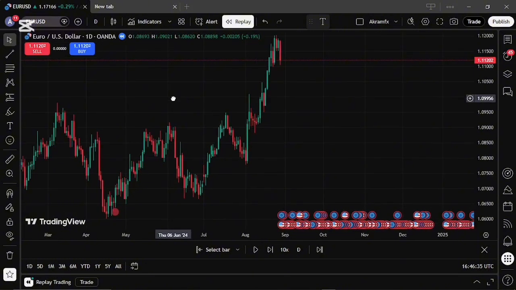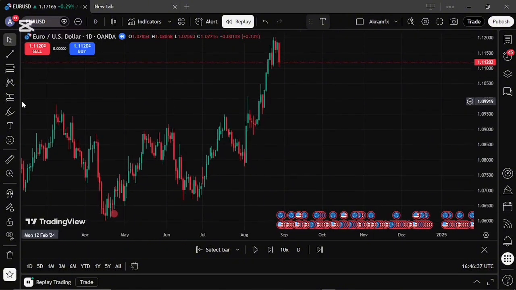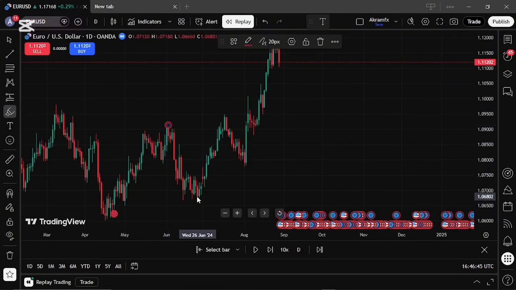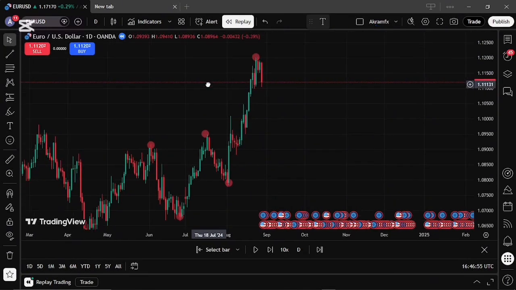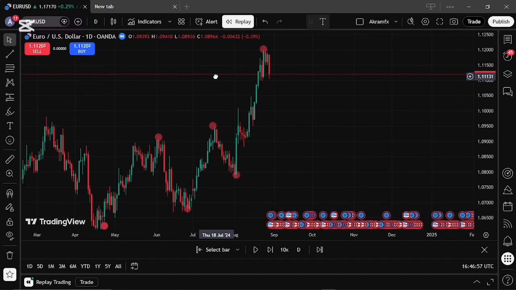This is an uptrend because we can see a series of higher low, higher high, higher low, higher high, higher low, and then a higher high. Having this higher high, we know that the trend is bullish.